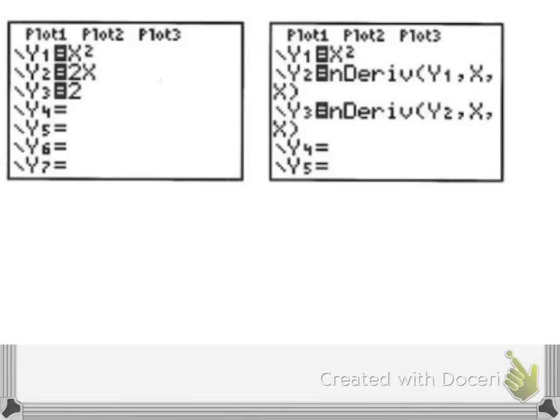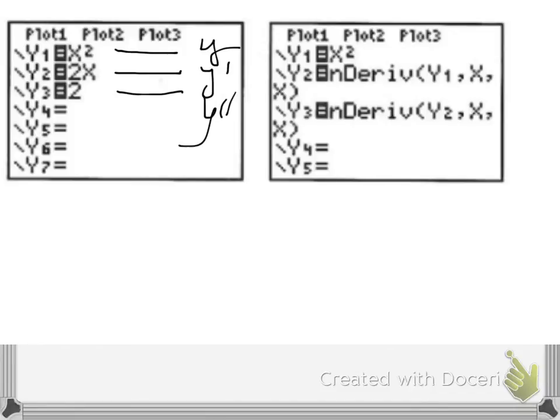The first way is you can just put your function, take your first derivative, that's your y2 then, and then your y3 is your second derivative. So this was y, this was y prime, this was y prime prime. Or you can have the calculator do it for you. Now, when you have the calculator do it for you, it will not give you the equation that would be your first derivative. It'll just plot it for you.